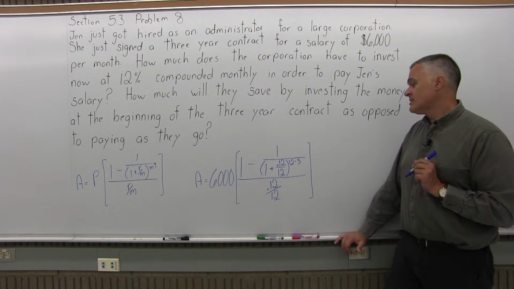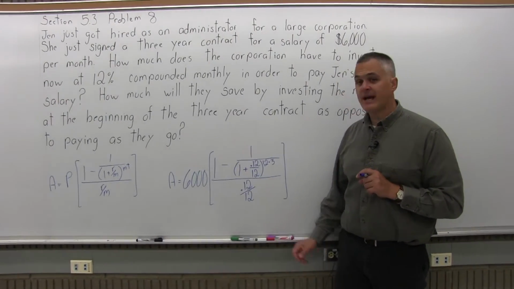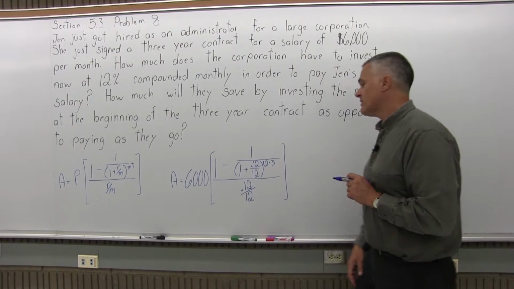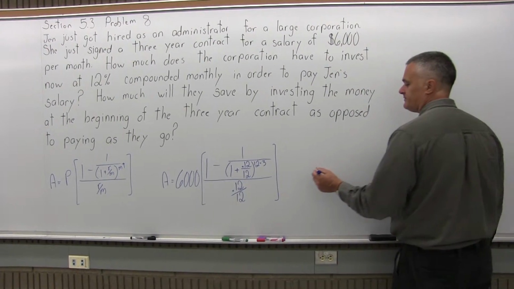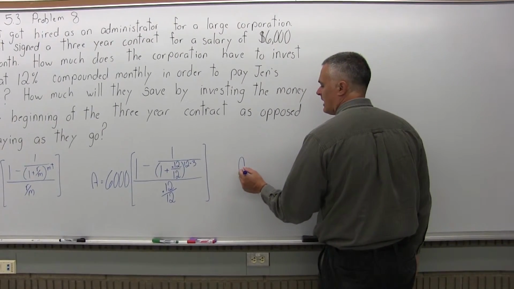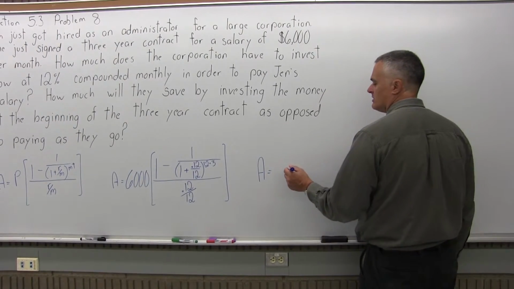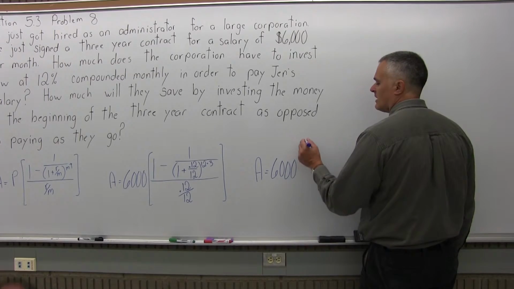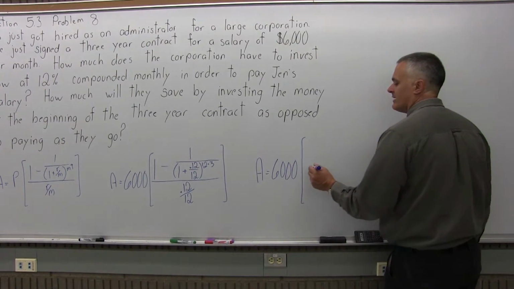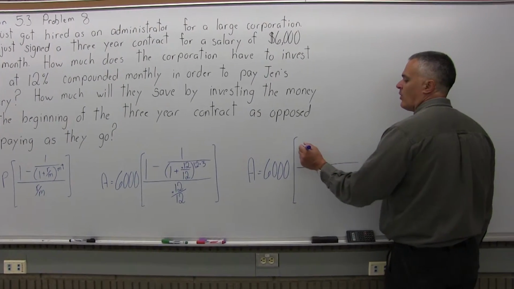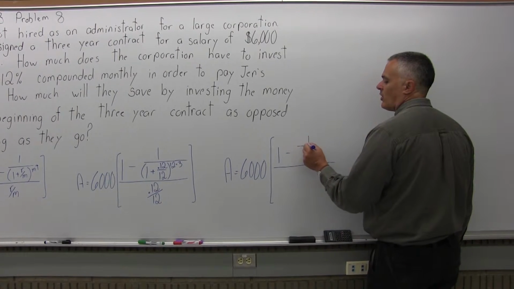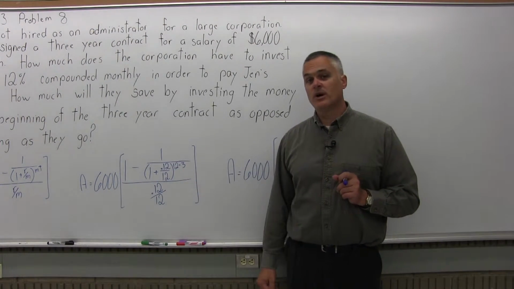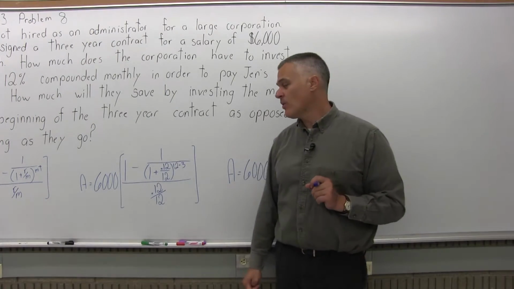And to start this going, once it's filled in, I have to deal with the parentheses first. So let me clean up the parentheses in the formula. When I do, I will have A equals 6,000 times, in some brackets, 1 minus 1 over. So I have 1 plus r over m. The r over m is 0.12 over 12. That's 0.01.